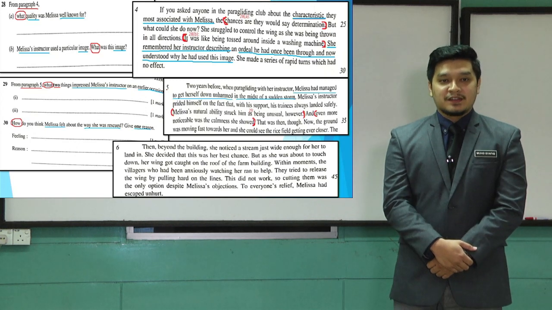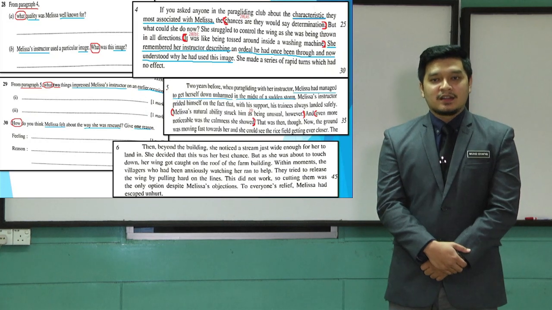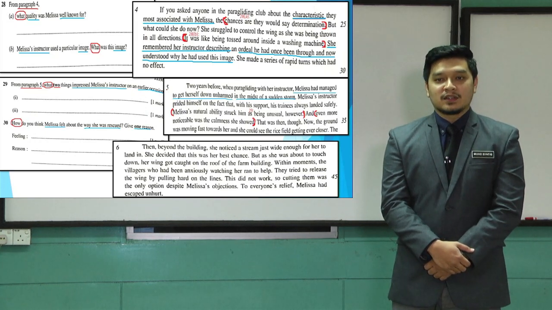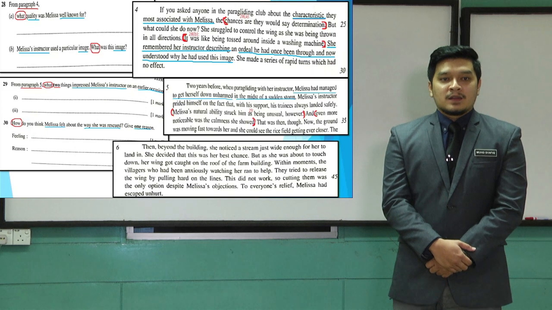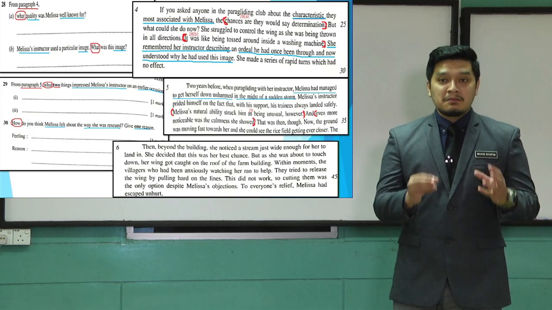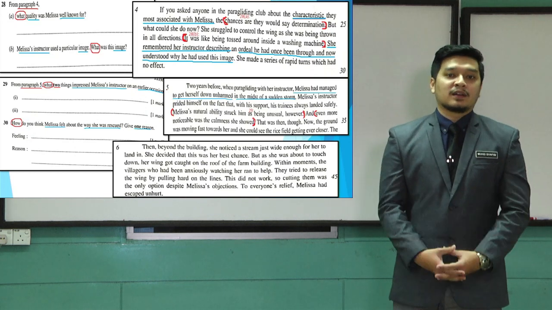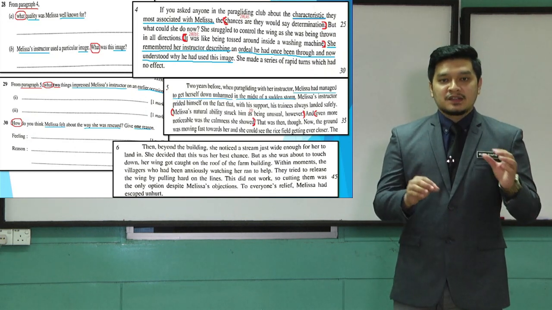Alright, so let's have a look at paragraph 4. If you ask anyone in the paragliding club about the characteristic they most associated with Melissa, the chances are they would say determination. Alright, so the word quality in the question has the same meaning of characteristic in paragraph 4. So we know the answer might be somewhere close by.